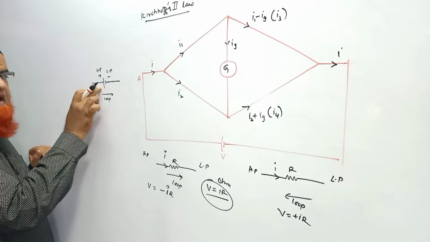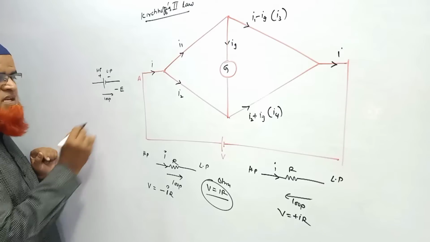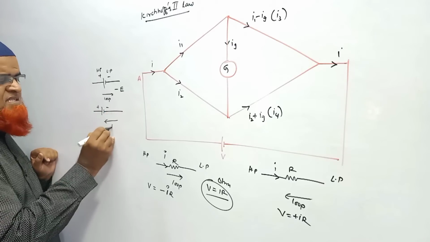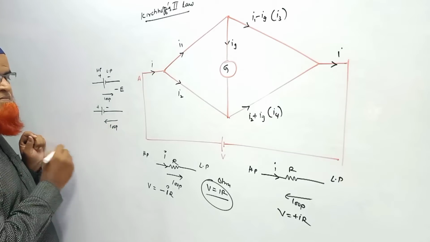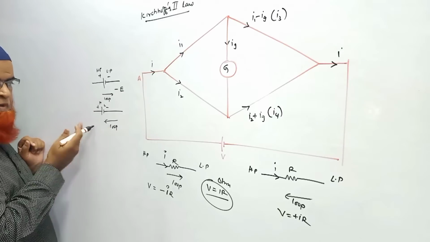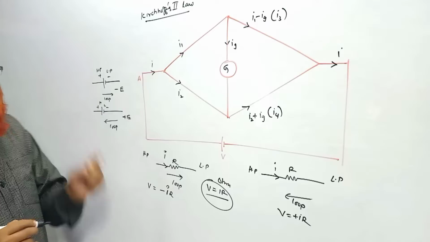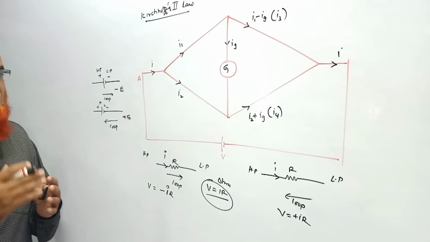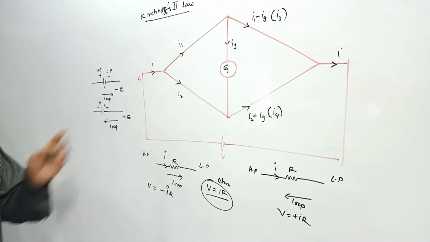So higher to lower is going to become minus E. And for example, this is plus and minus and the loop is in this direction, lower to higher, then it is going to be plus E. And what is E here? E is called EMF, that is electromotive force. What is the meaning of electromotive force?